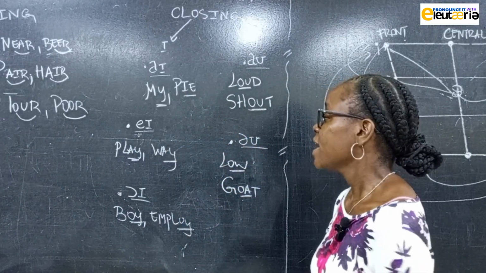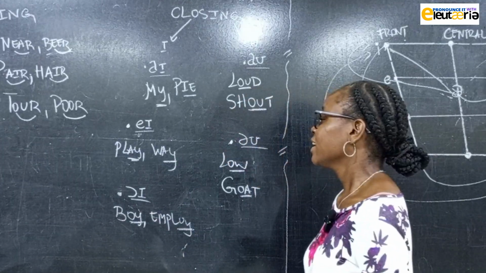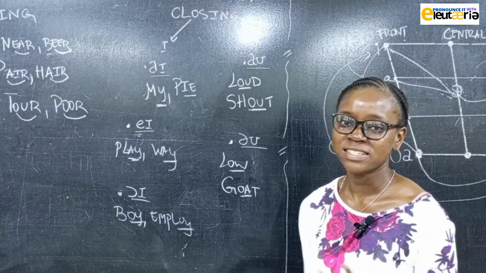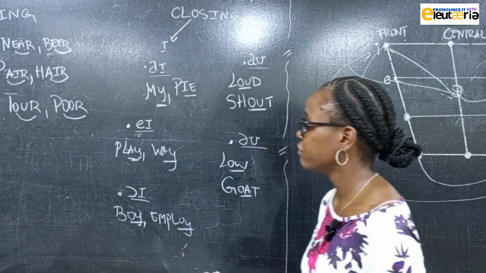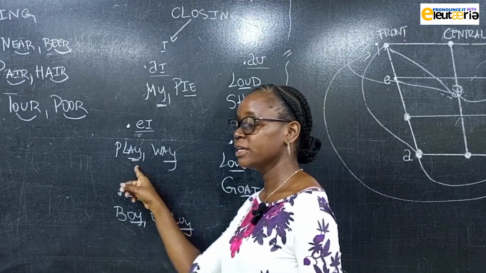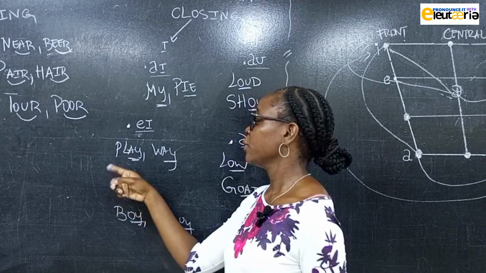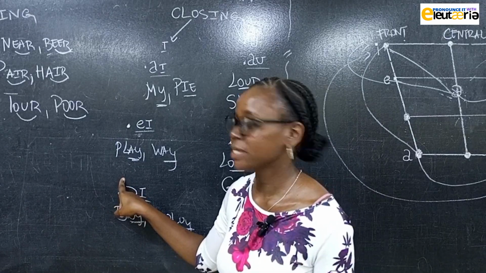Pie. Moving on, we find the diphthong ei. Ei we find in words like play, wait, stay. So in this particular case, we find the sound ei right after the two consonants pa and la. We find the sound ei, play.